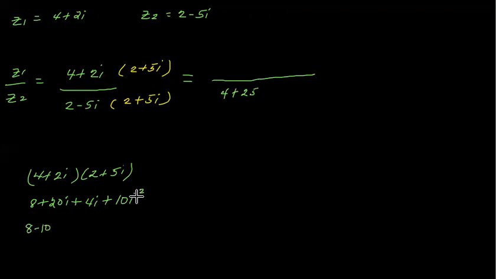Because this is negative 1 times 10, plus 24i. So this is minus 2 plus 24i.